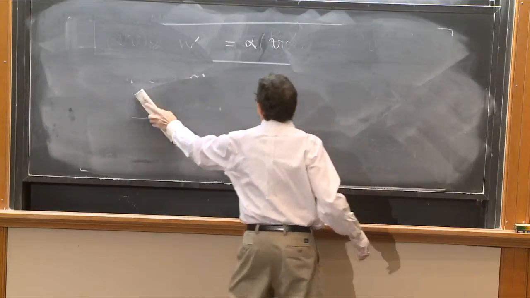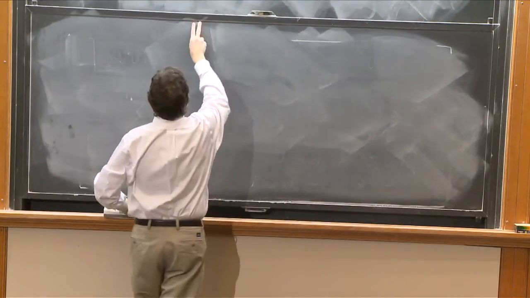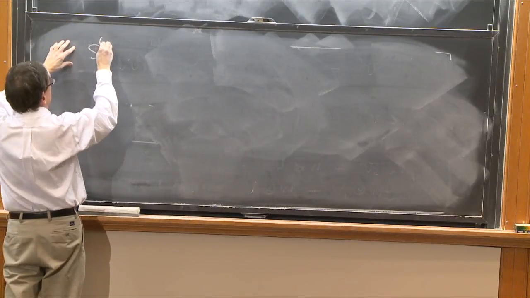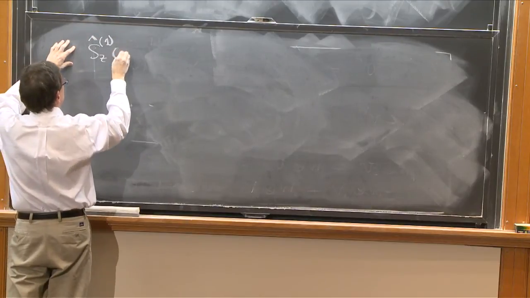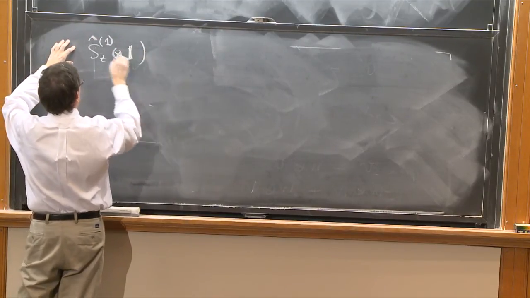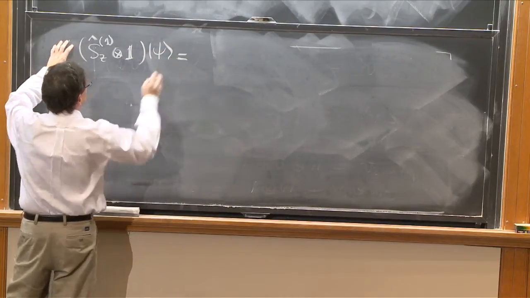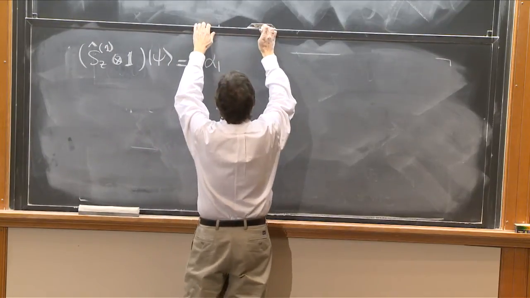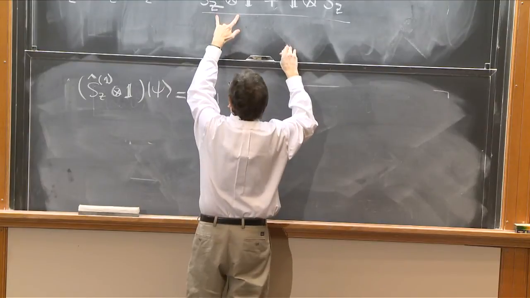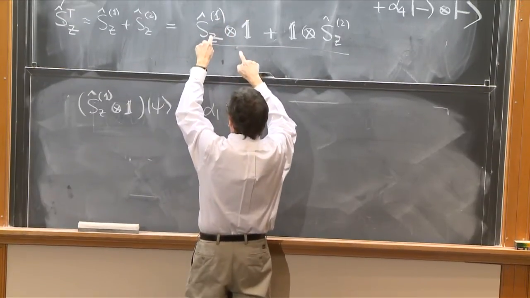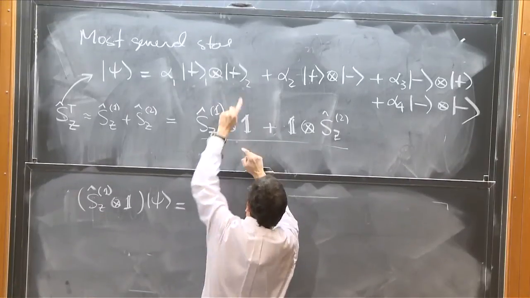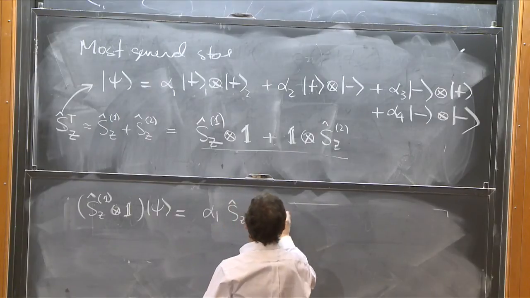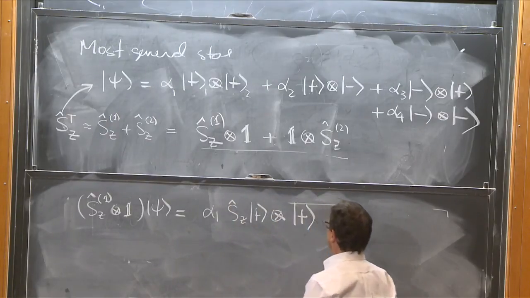Let's see. For example, we'll have the first term, Sz1 tensor 1, acting on psi, on the whole state. It acts on the first term, alpha 1. This operator is supposed to act on the first factor only. So you get Sz hat on plus, tensor plus, for the first term.